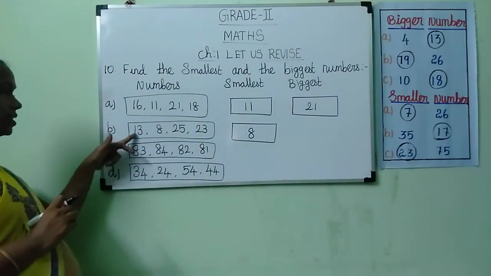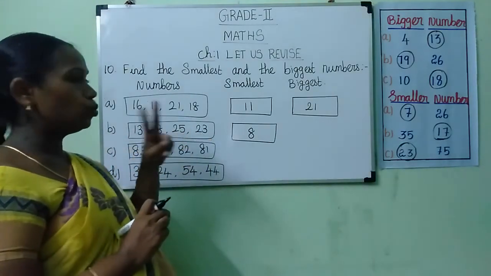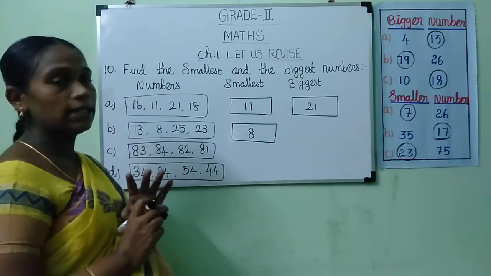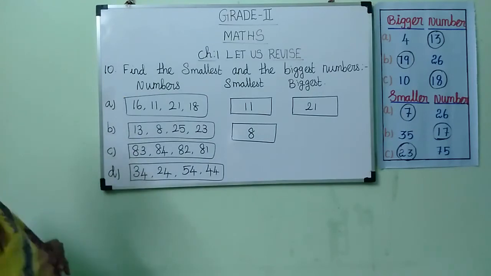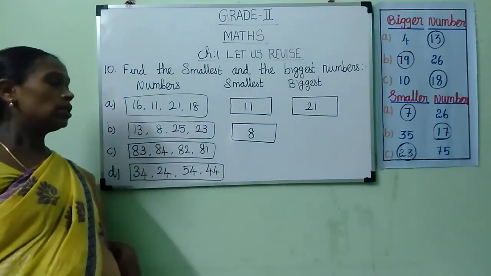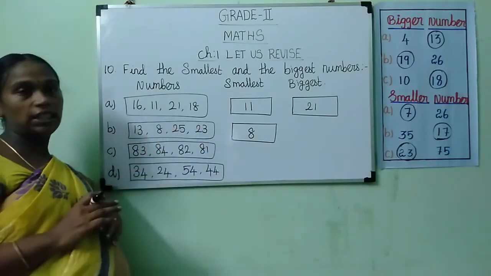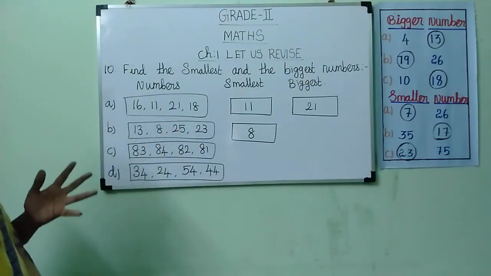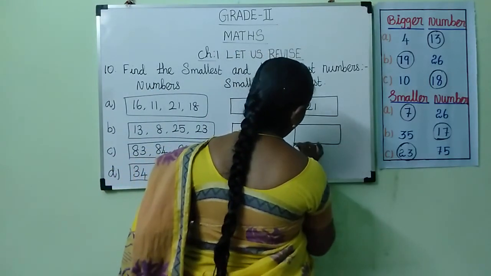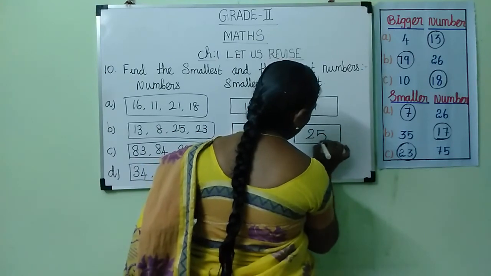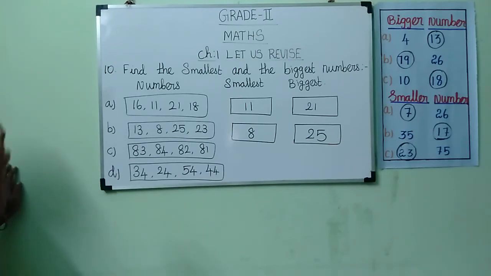So 1 is the smallest. Both numbers have 2 in the tens place, so how do we find out? See, in the ones place it is 5 and 3. Which is the bigger number? 25 or 23? Yes, 25 is the biggest number. So you should write 25. Are you clear, children? How to find out the smallest and biggest?